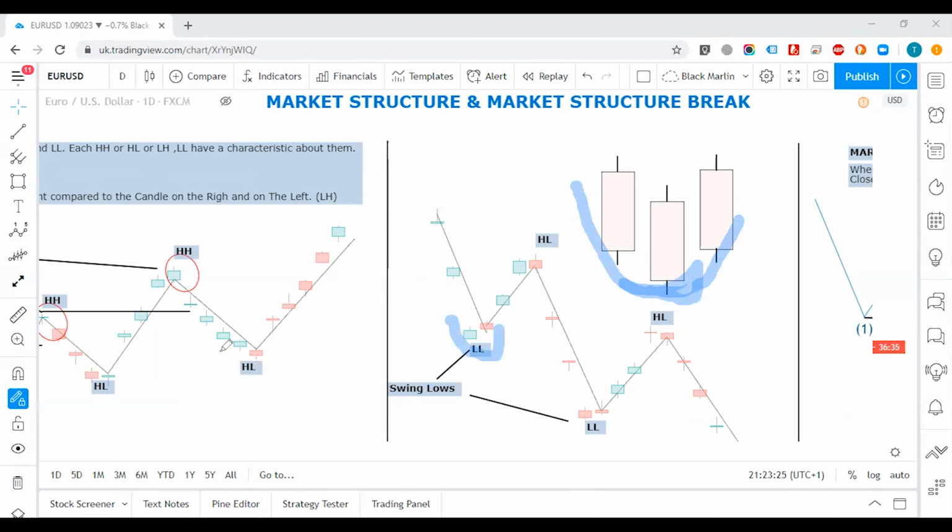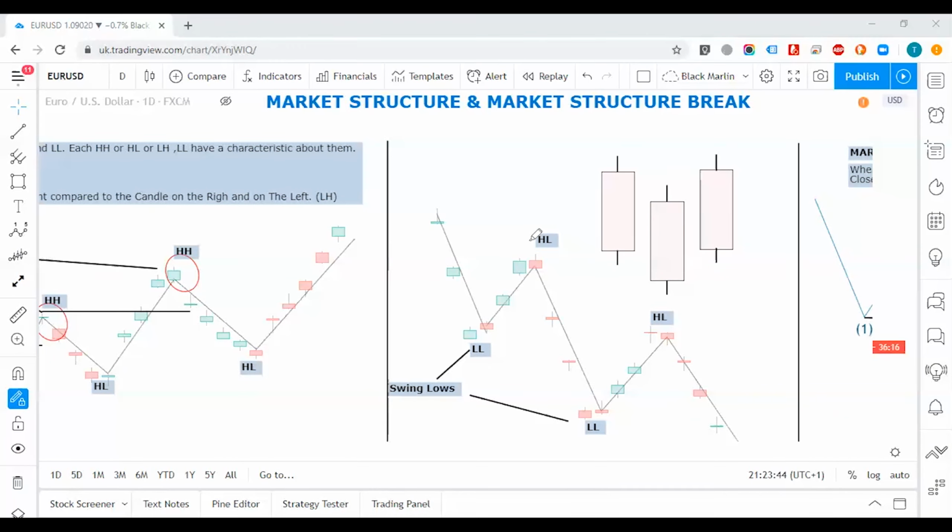This same thing is applicable here. So basically every swing point, every point that creates a higher high or higher low or lower high or lower low, you should be seeing three candle formations. So we're looking at this now.